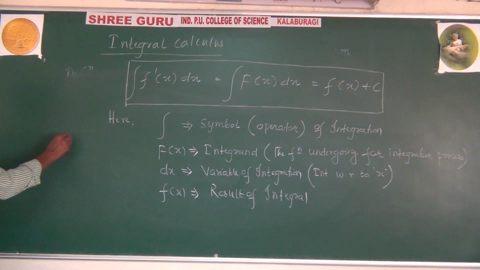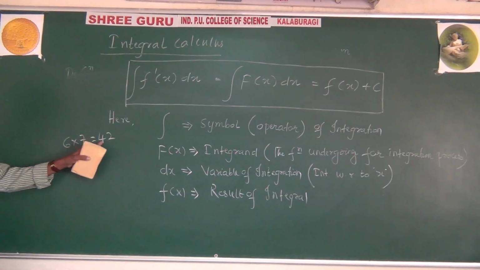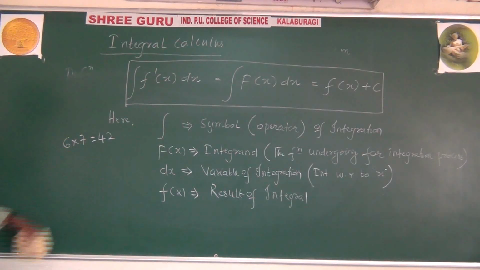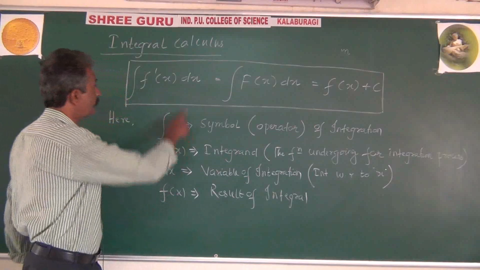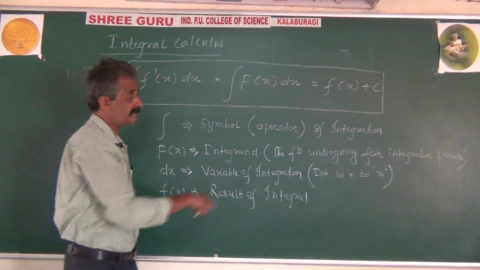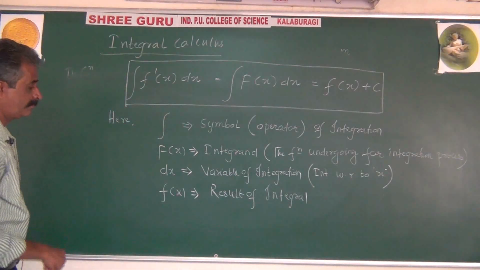Just like the product of 6 and 7, the result of 6 into 7, is well known to everyone as 42. Like here, small f of x is the result of integration of f dash x, or integration of capital F of x.